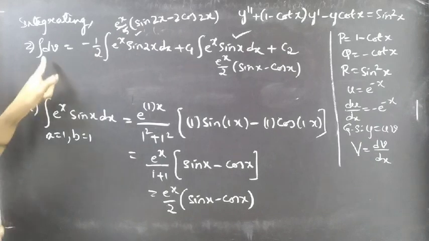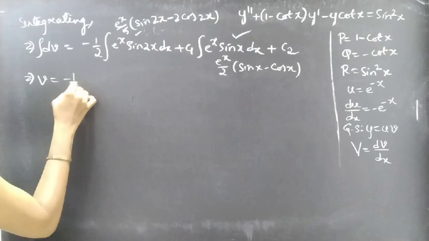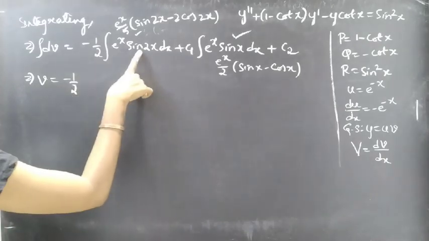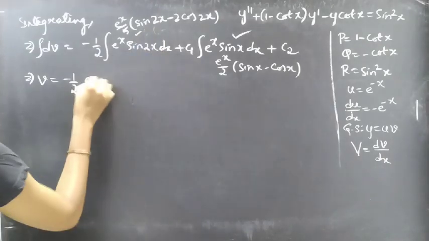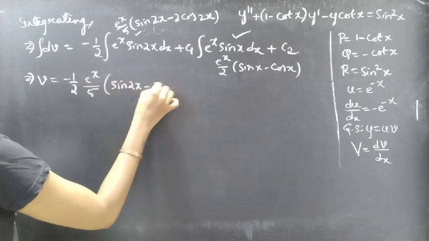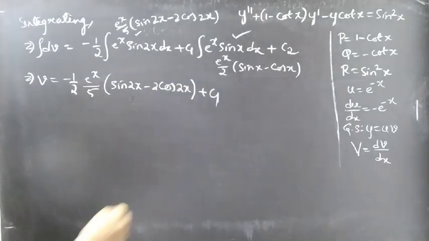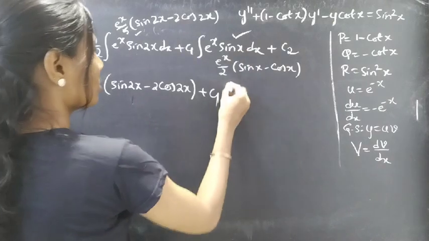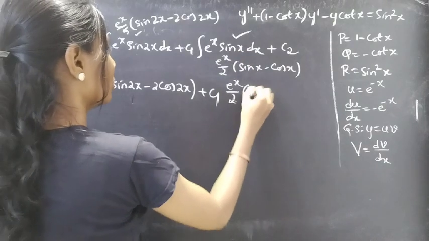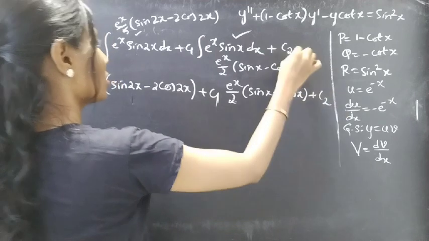Now coming to integral dv, this becomes v equal to minus 1 by 2 into integral e power x sin 2x dx, which is e power x by 5 into sin 2x minus 2 cos 2x, plus c1 into integral e power x sin x dx, which is e power x by 2 into sin x minus cos x, plus integral constant c2.